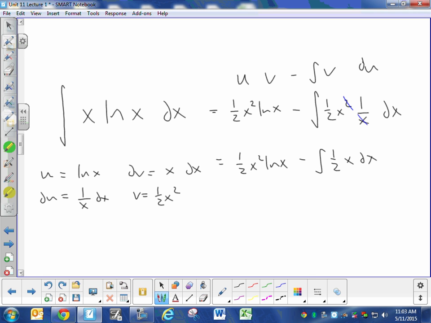The antiderivative of 1/2 x is 1/4 x squared, plus a c. And we have just found the correct antiderivative for x log x. Seems crazy, seems messy, but that's what it is. That's the antiderivative of x log x. A lot more complicated than we thought it would be. But when we're going backwards, things get complicated.